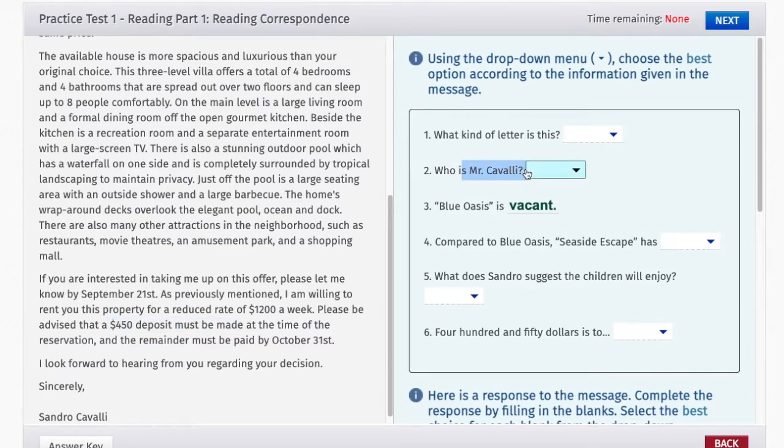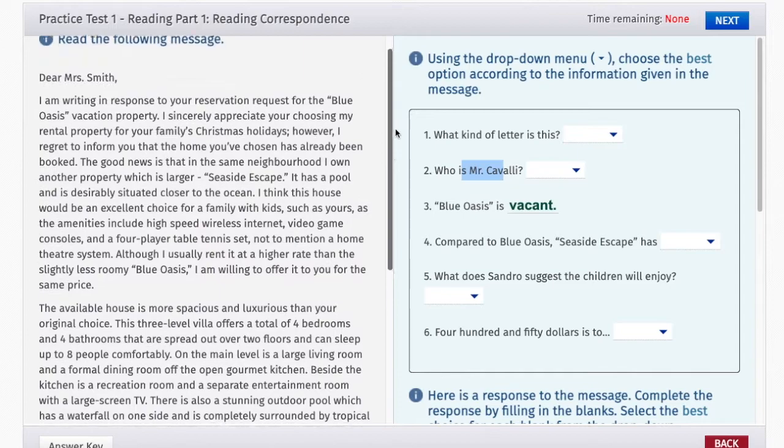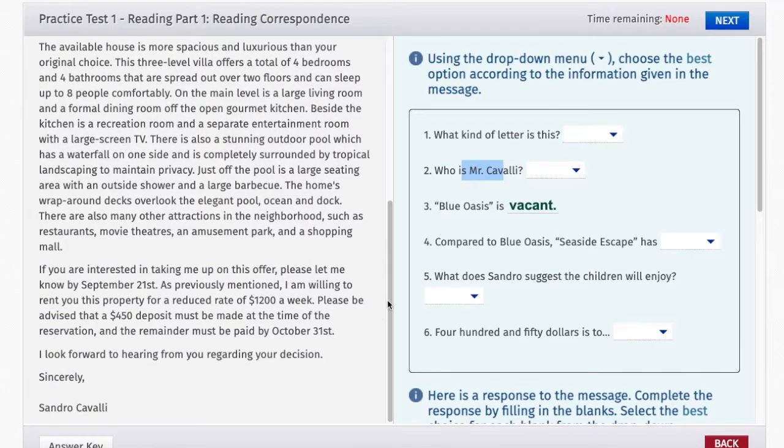Who is Mr. Cavalli, for example? Mr. Cavalli is the writer. So this whole email could be about him. Also, what kind of letter is this? The whole email can give you some idea.